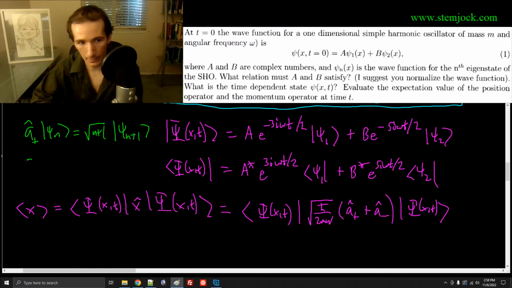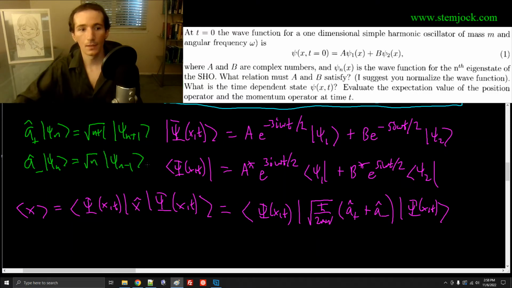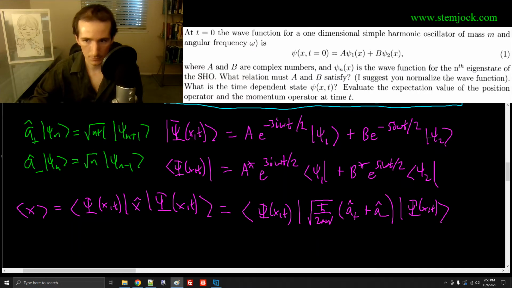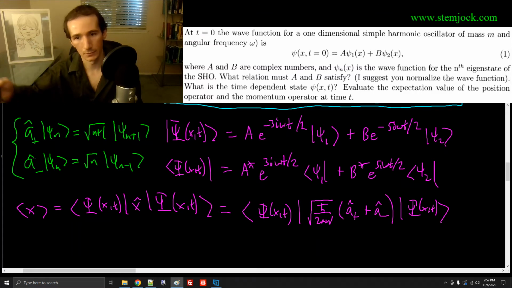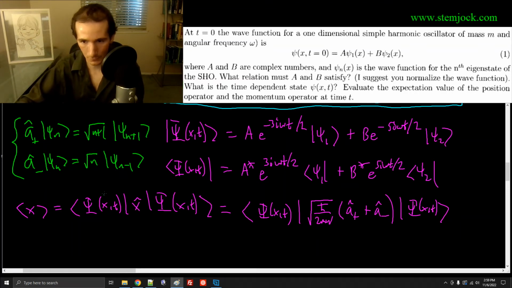Whereas if we apply the lowering operator to the nth eigenstate, that gives us square root of n times the next lowest eigenstate. So because we wrote ket psi(x,t) and bra psi(x,t) in terms of psi_1 and psi_2, these operations will be very simple compared to just integrating by brute force.